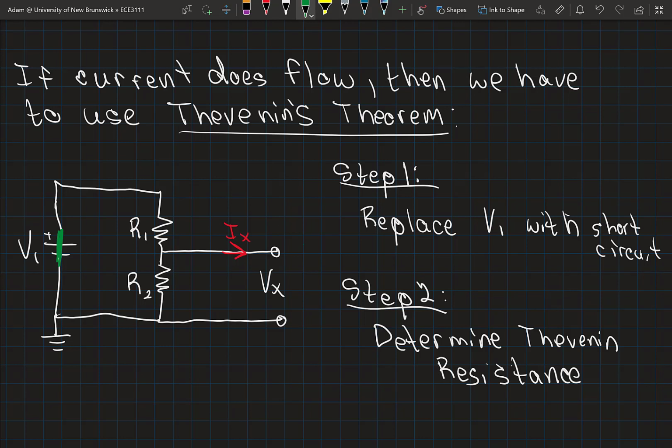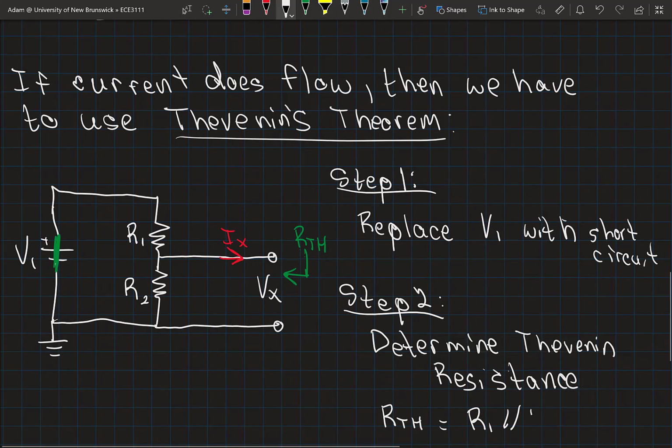So what's the resistance looking back from this point? So our Thevenin resistance, in this case, if the voltage source is shorted, is simply R1 in parallel with R2.